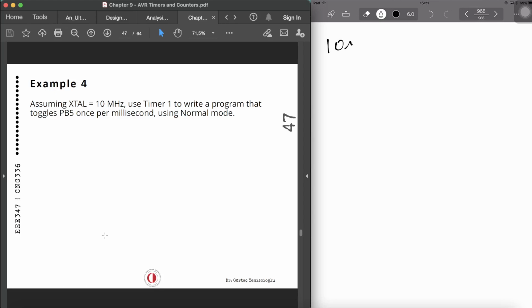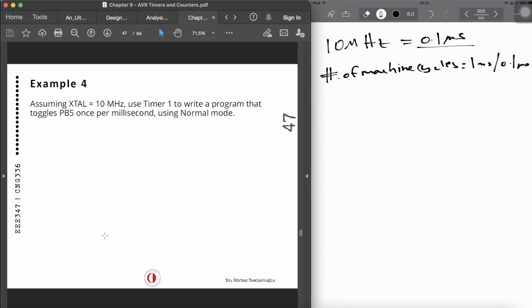10 megahertz will give us 0.1 microsecond. So the number of machine cycles: what do we have? 1 millisecond divided by 0.1 microsecond.